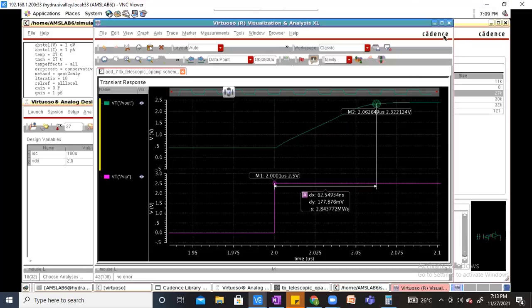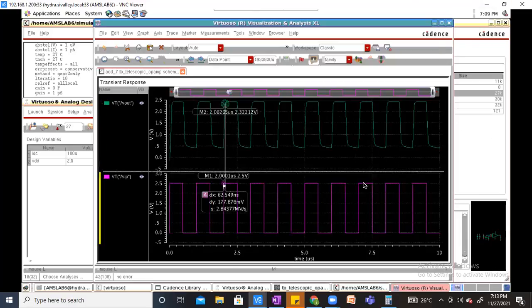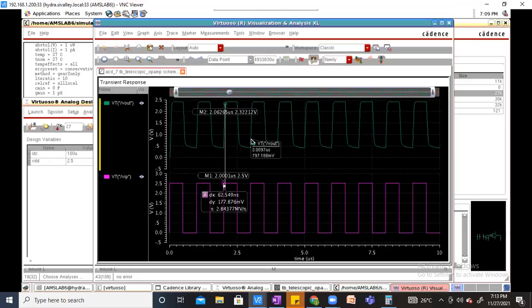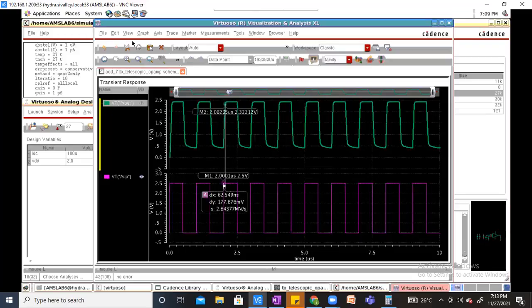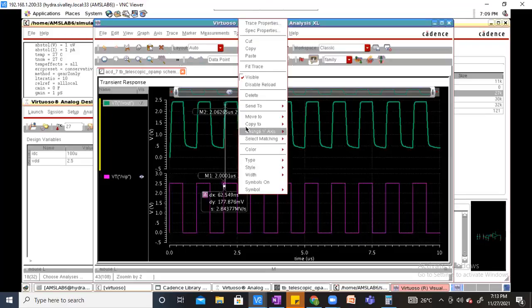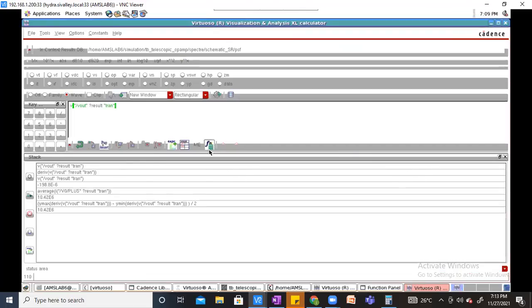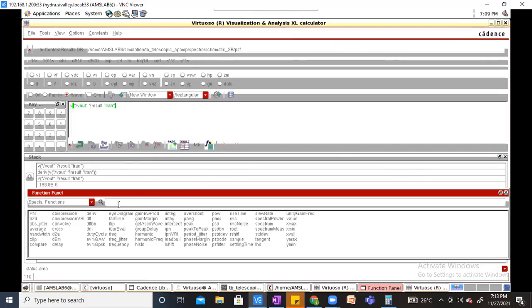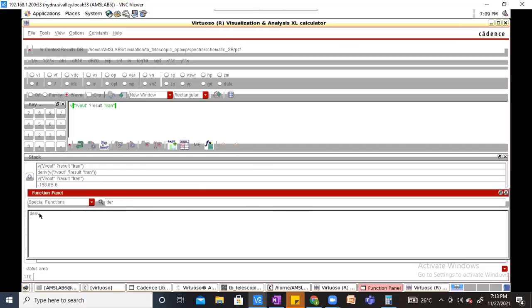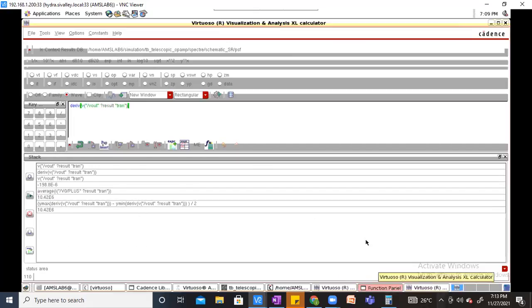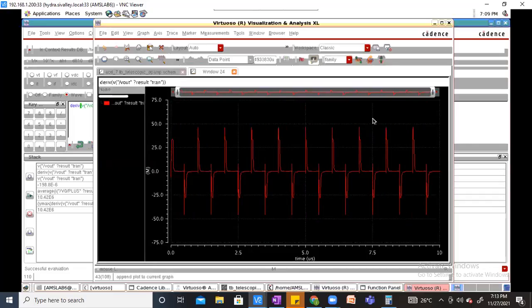Now this is the settling time, and meanwhile we can also plot the slew rate. This is the slew rate.